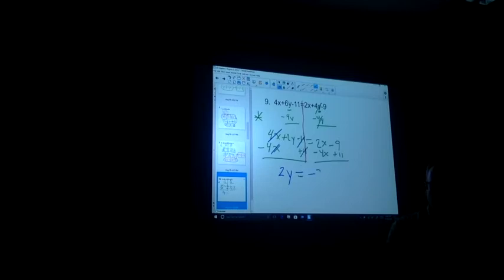Equals negative 2x plus 2. I still want y by itself, so 2 and y are being held together by multiplication. So divide everything by 2, and you find your answer is y is equal to, because those cancel, negative 2 over 2 is negative 1, so negative x. Okay, see that? And then plus 1, because 2 over 2 is 1. There's your answer.